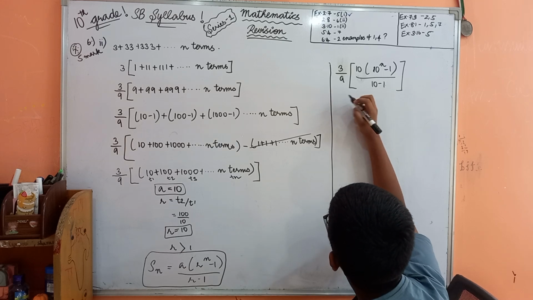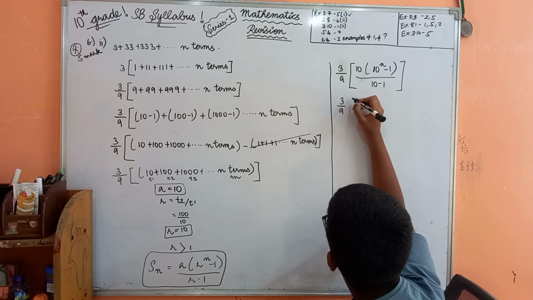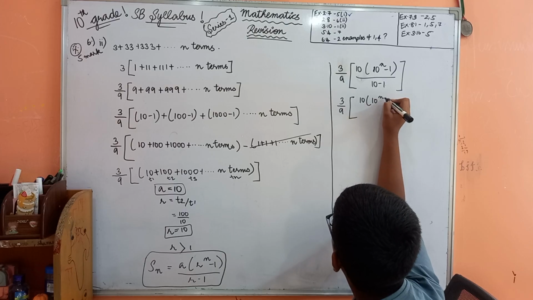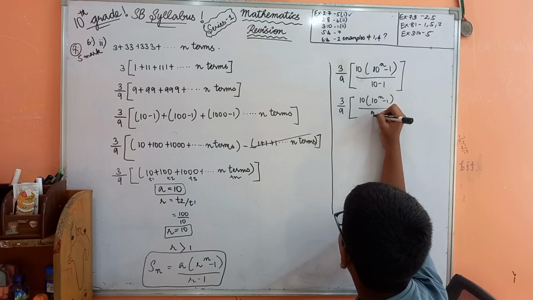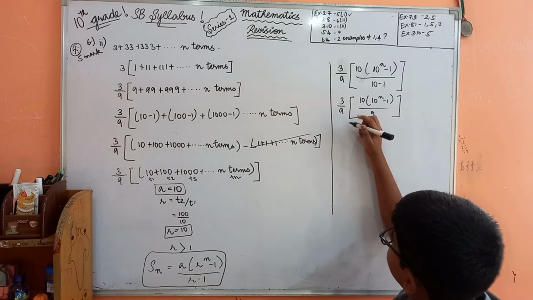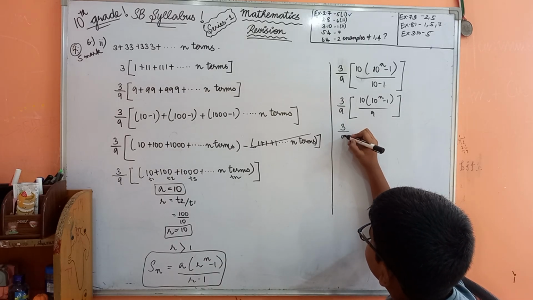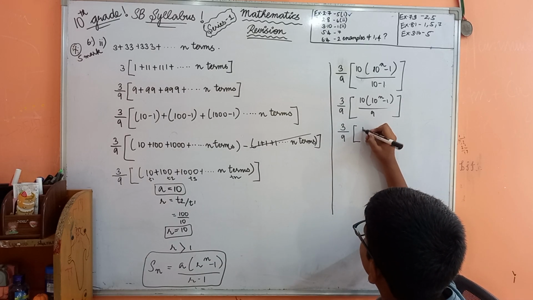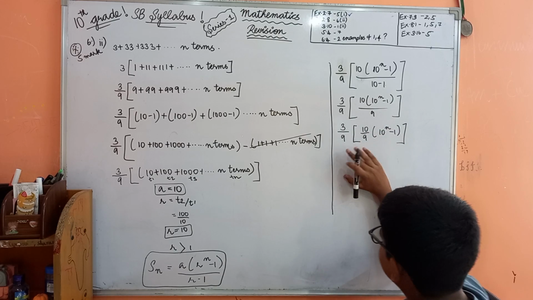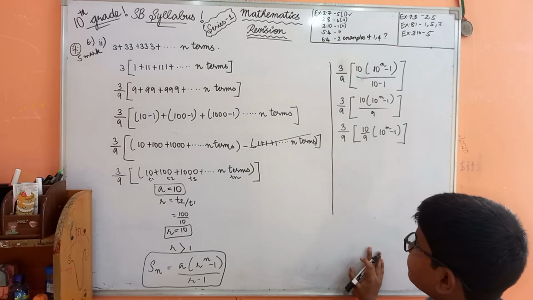So that'll be 3 by 9 times 10 to the n minus 1 by 9. We can make this 10 by 9. Denominators are same, so we can multiply.